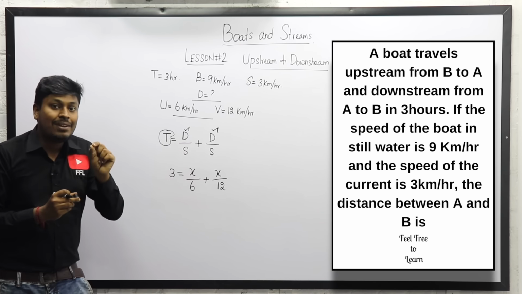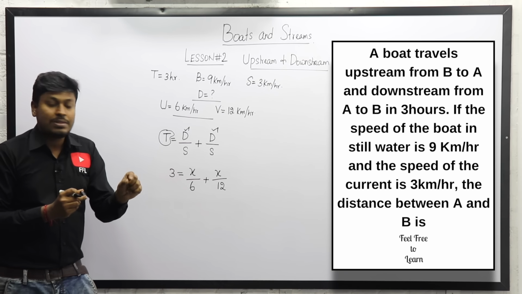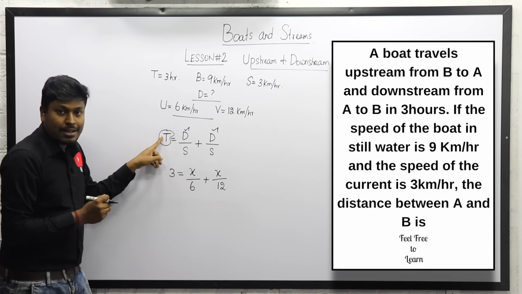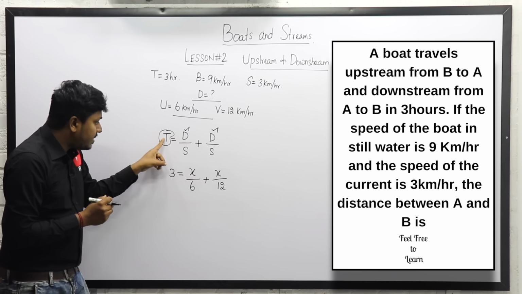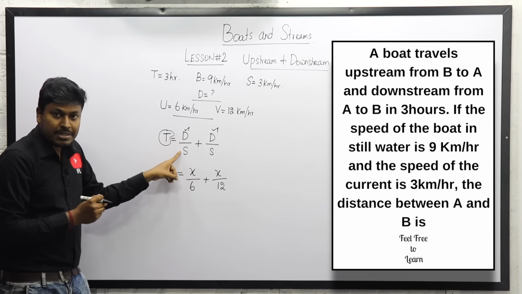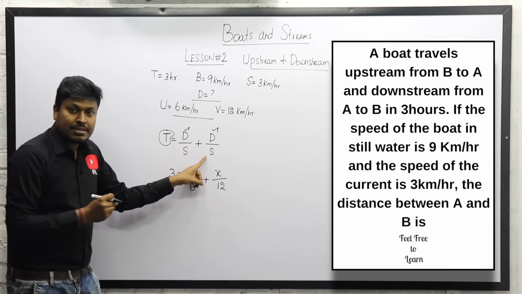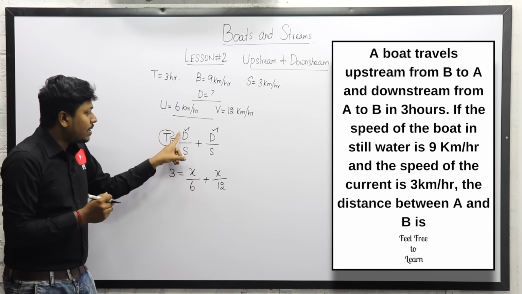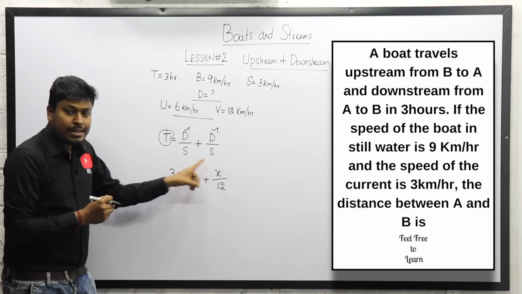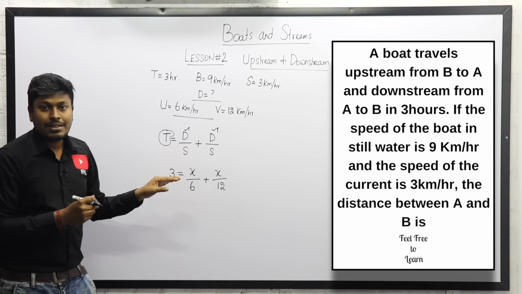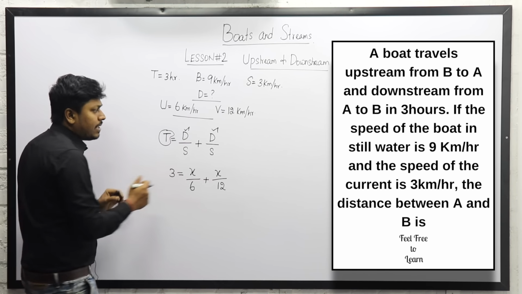So the time taken will be 3 hours. So I have written time taken is equal to upstream distance by speed plus downstream distance by speed. And we don't know the distance, so let me keep d as x. By substituting all the other remaining values, I hope we will get the answer, right?